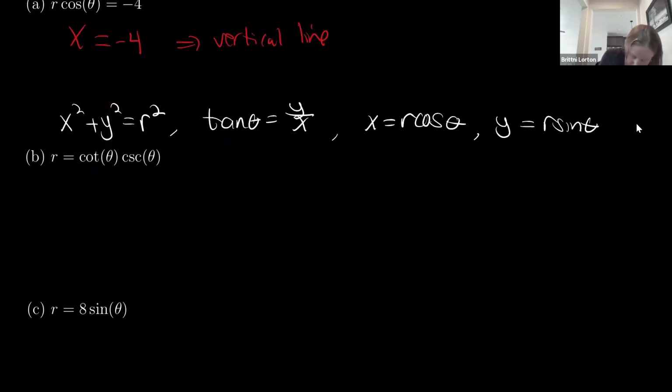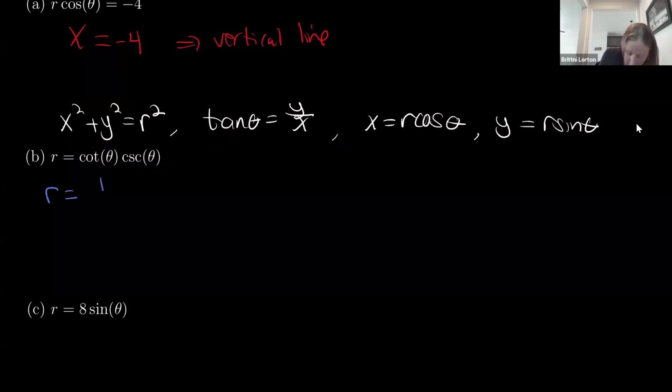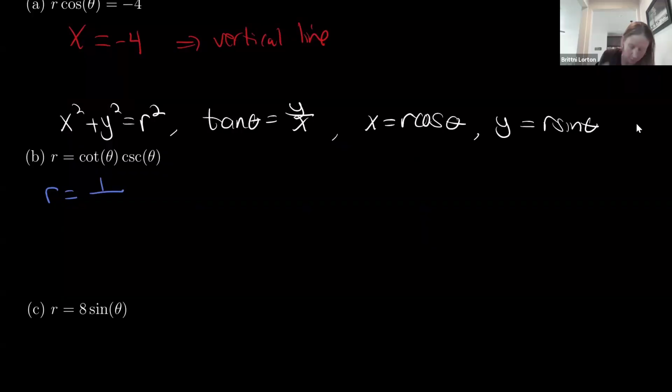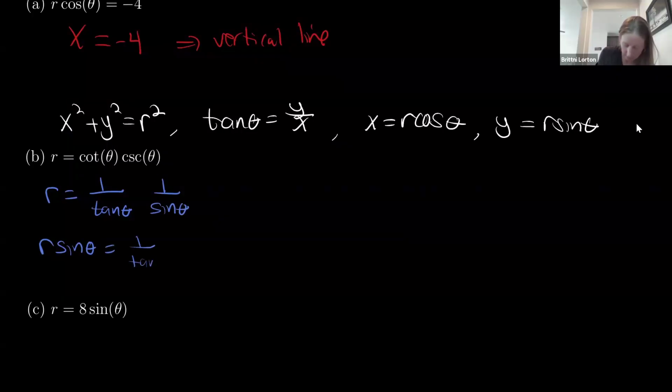So I've got now r is equal to cotangent, which is the same thing as 1 over tangent. Cosecant is the same thing as 1 over sine. And then I can bring the sine to the other side of that equal sign, because now I will have an r times sine of theta.